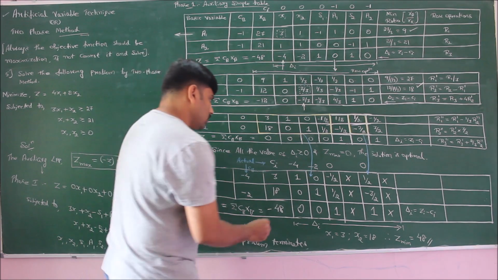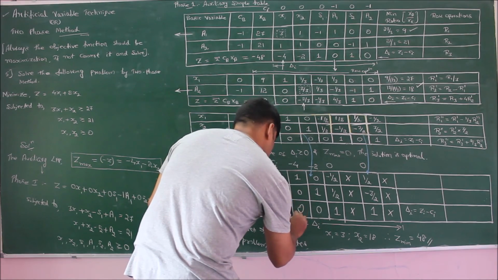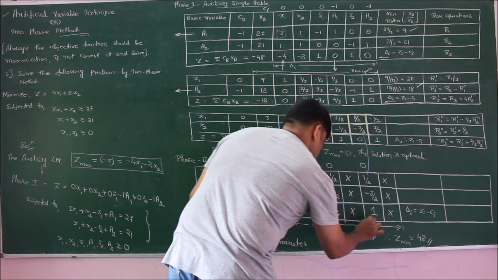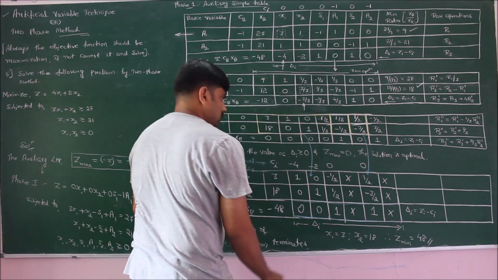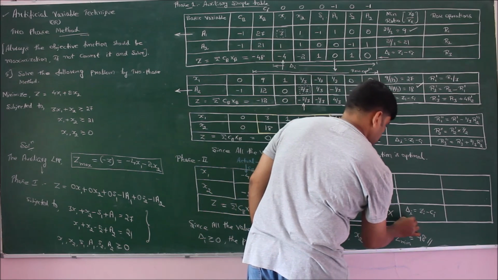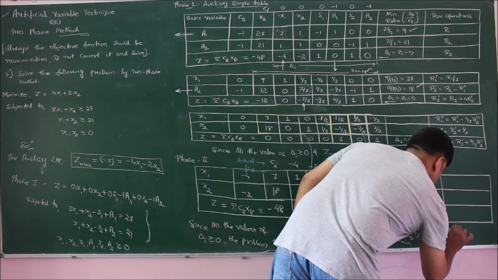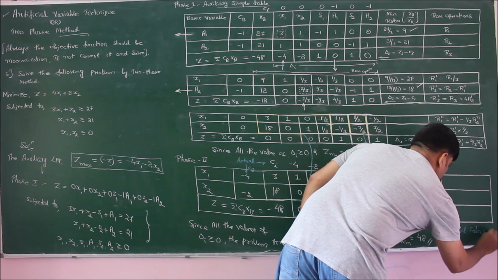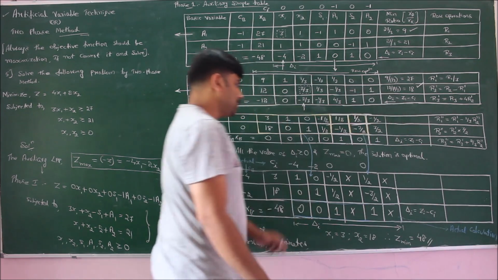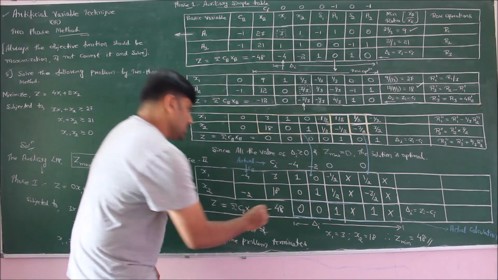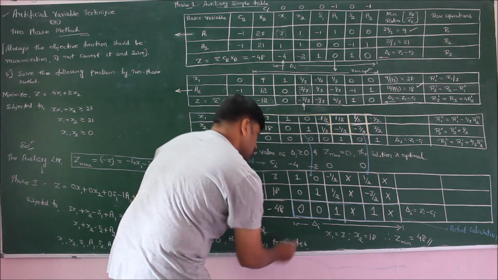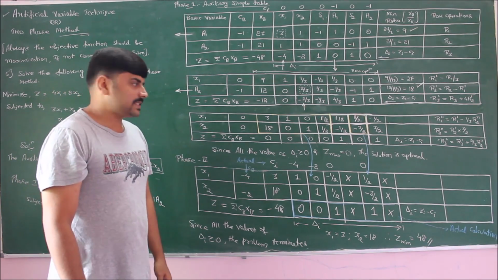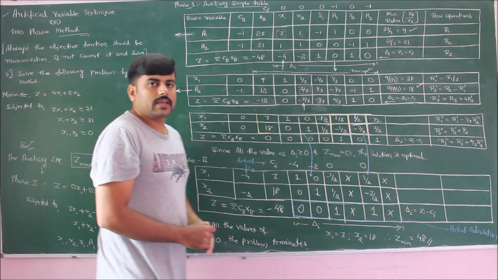And this is also calculated. Actual calculation. So this is the procedure to be followed to solve problems on two-phase method. So this is the solution for the given problem.